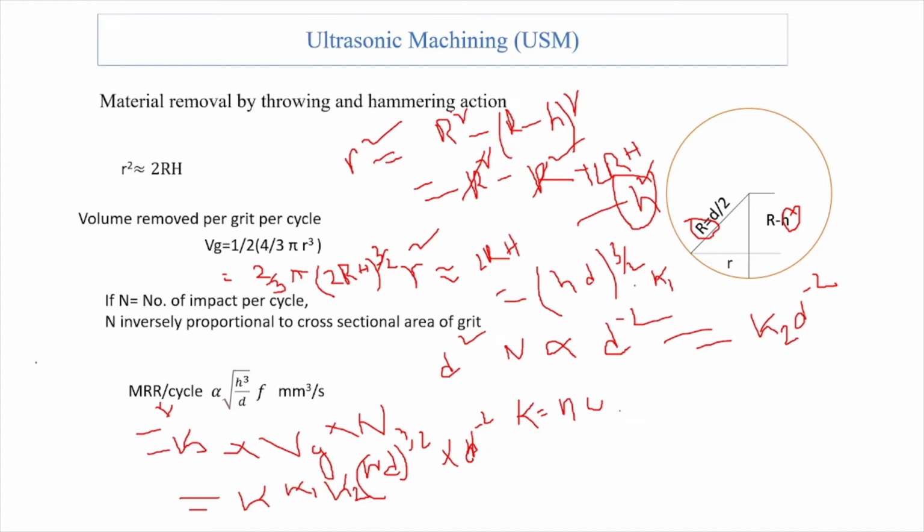From this we can write the relation: MRR per cycle will be proportional to root over h cube by d into f, where f comes into the picture, that is frequency, h is the indentation depth, and d is the diameter of the grid, right?